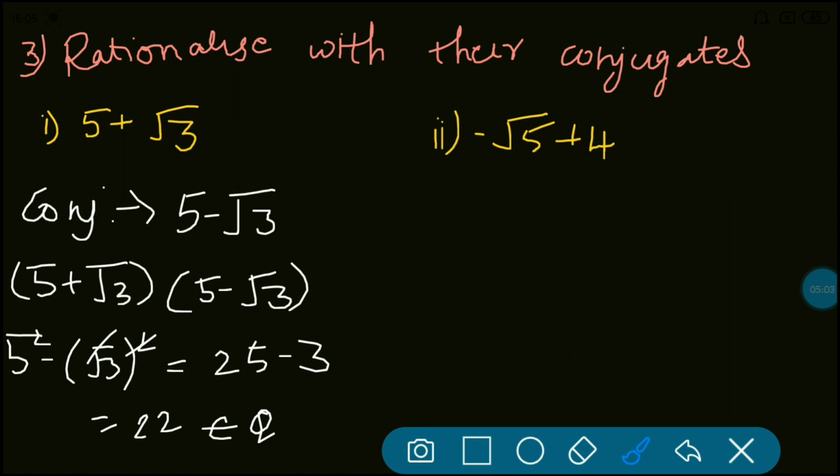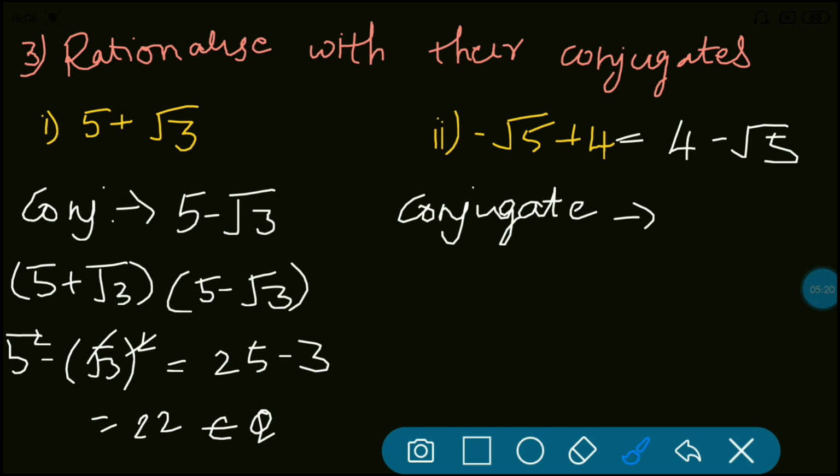Now for the second question, same thing. First you have to find the conjugate. The conjugate of minus root 5 plus 4: first, we write it as 4 minus root 5 when arranging it. So the conjugate will be 4 plus root 5.